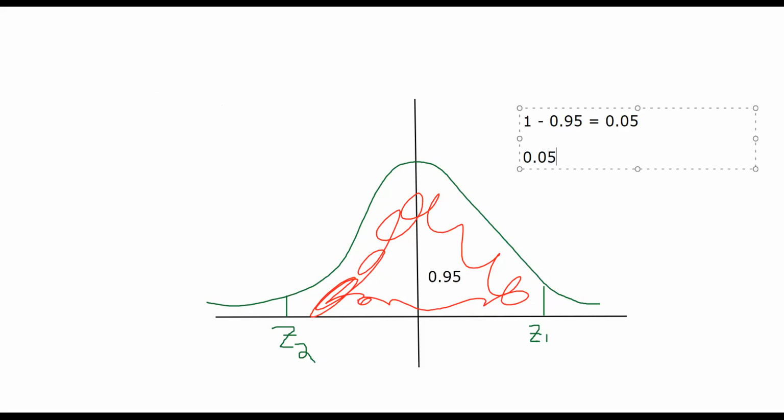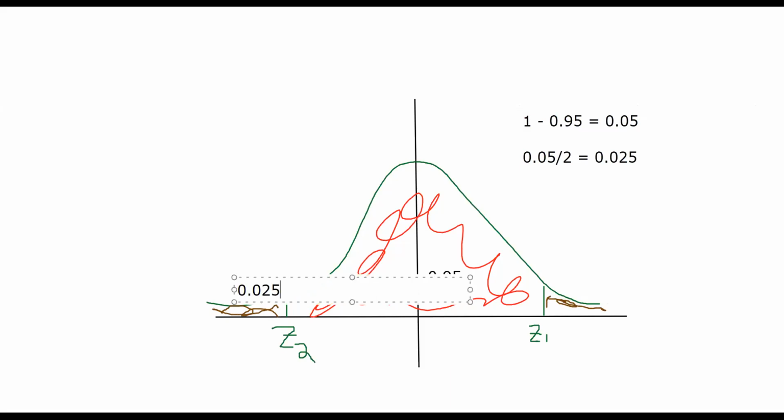So then 0.05 divided by 2 equals 0.025. That means the area in each tail is 0.025. Remember, whatever we get for this one, the positive z-score will just be the positive of that.